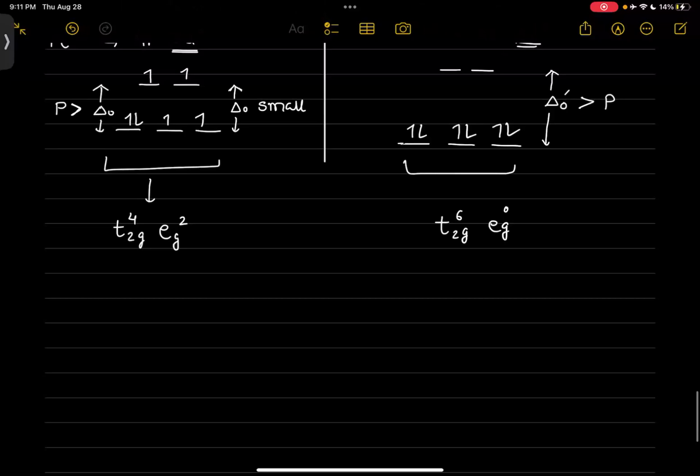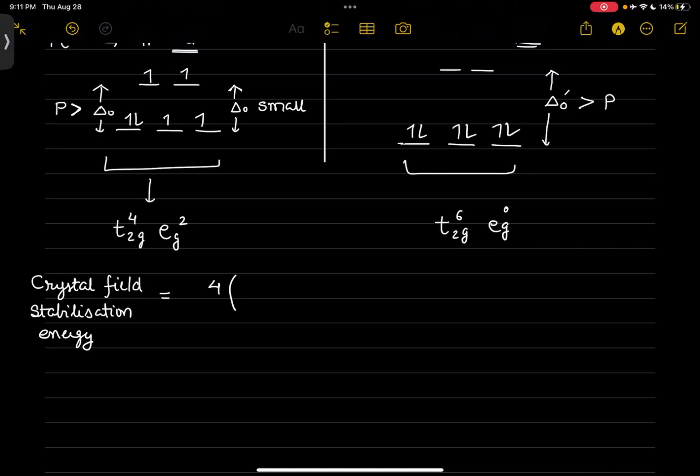So, what is the crystal field stabilization energy? There are 4 electrons in T2G.